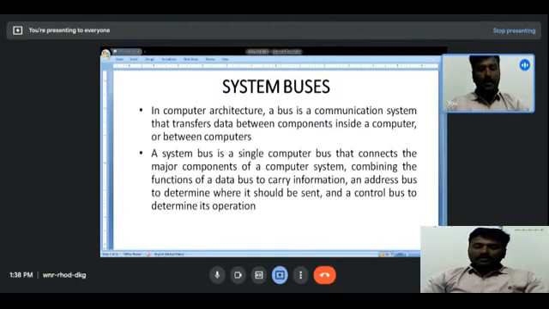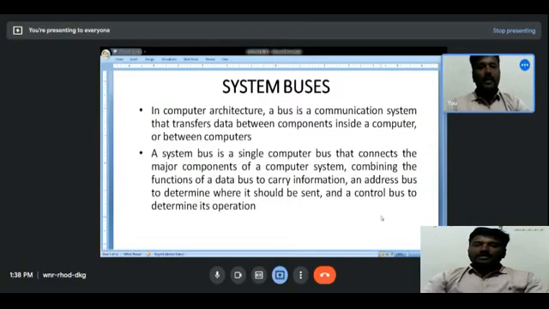This forms the main reason why we are using system buses and the significance of the system bus. Hope you are clear with this concept.